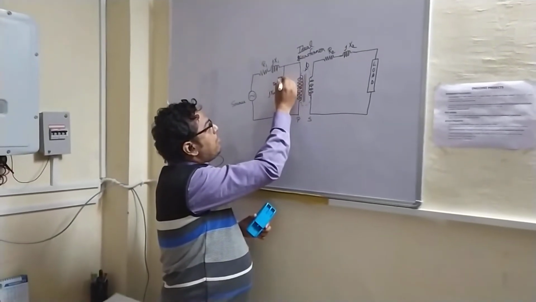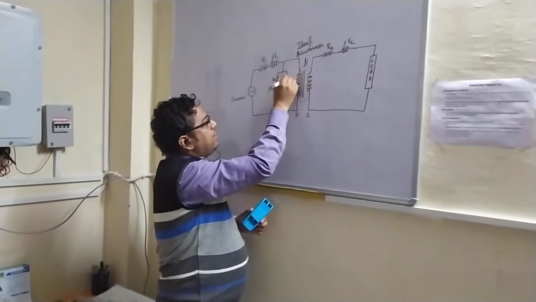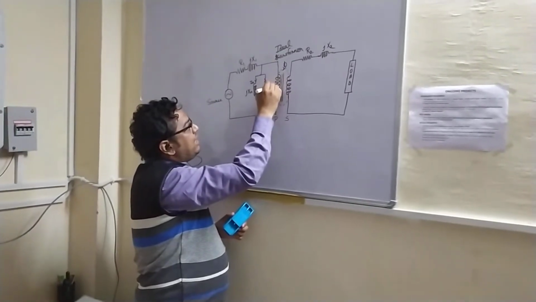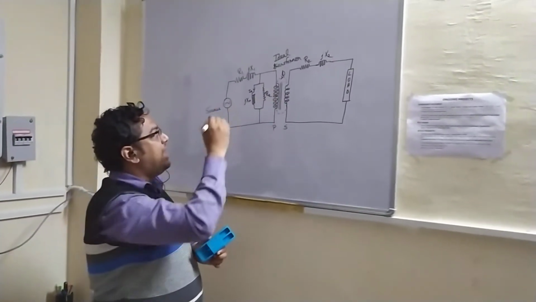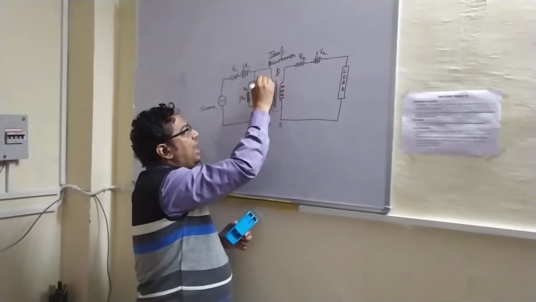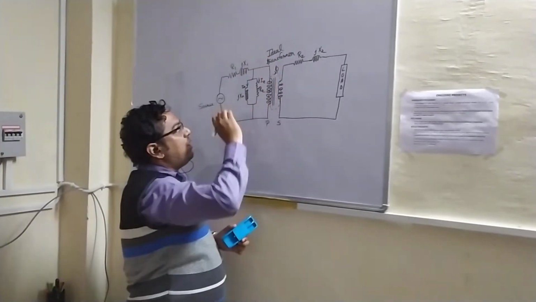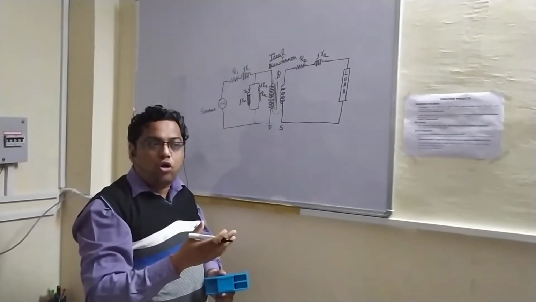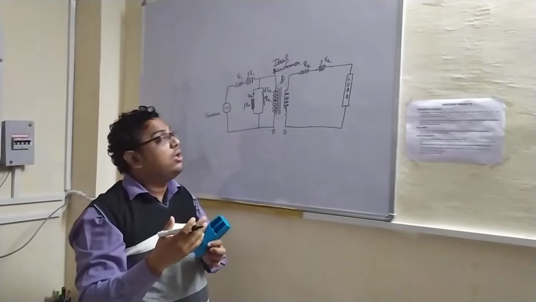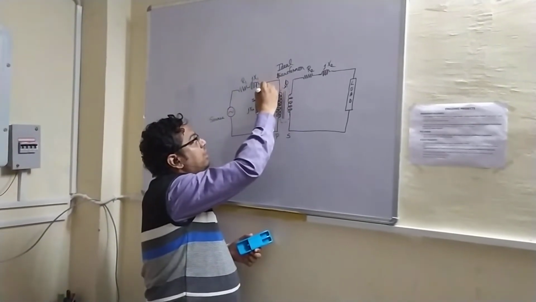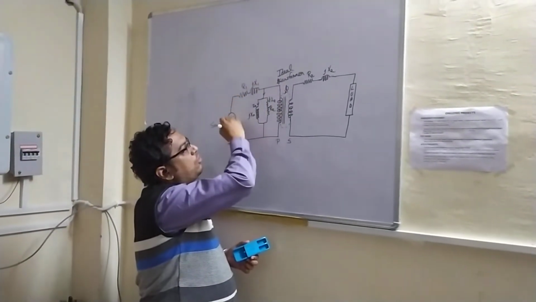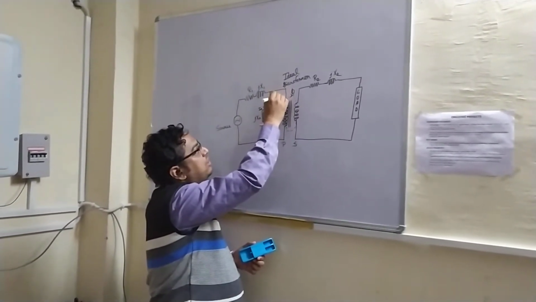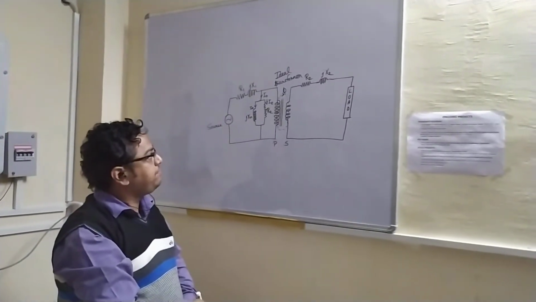So for that we have some resistance over there that we call RE, such that the loss occurring in this RE due to the current IE flowing through it will be analogous to the core loss. And the combination of this magnetizing current and IE will be referred to as the no load current I0.